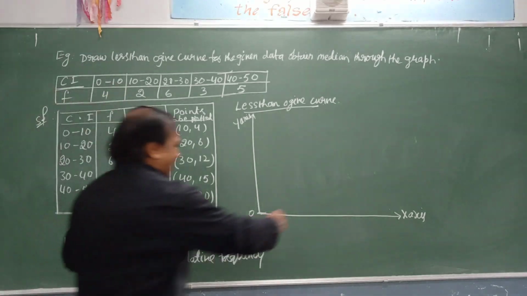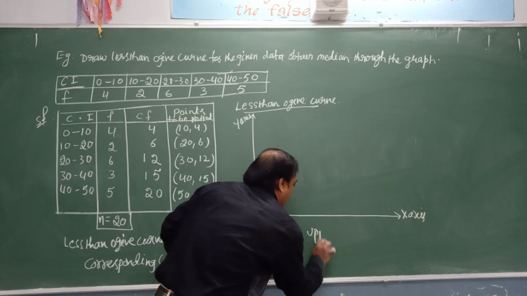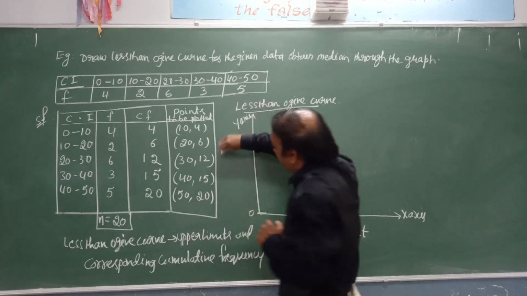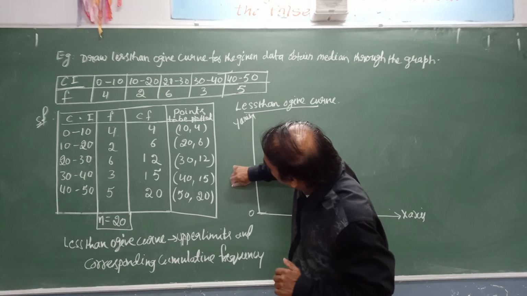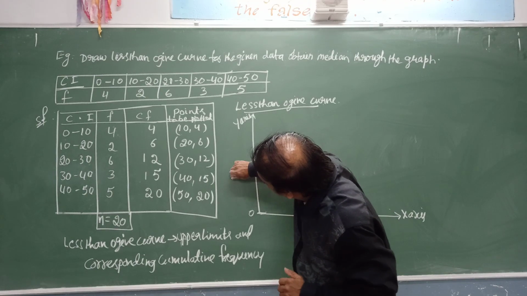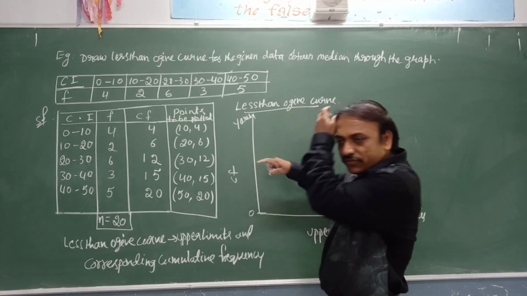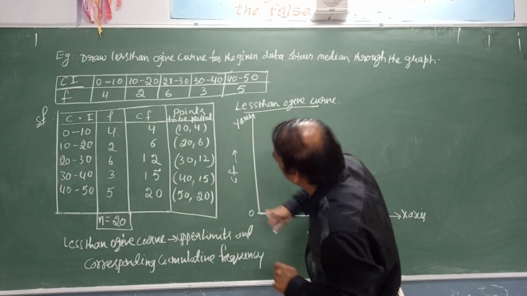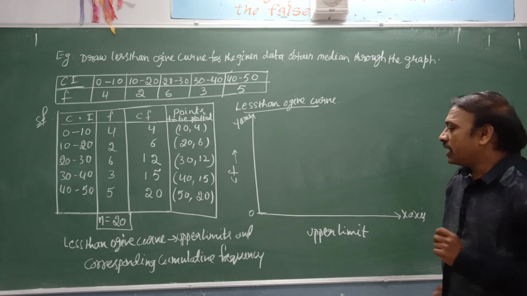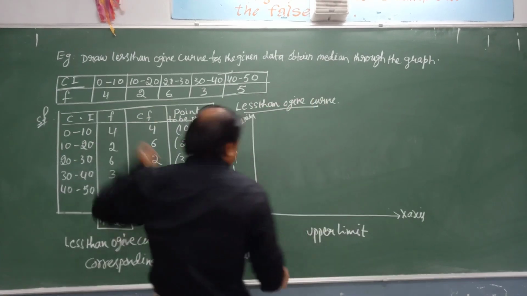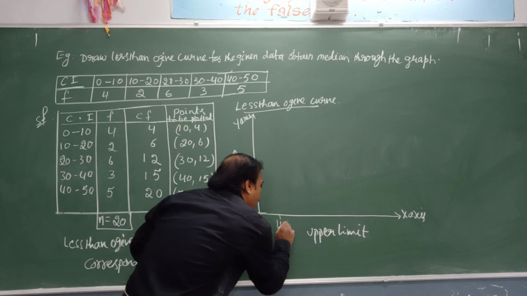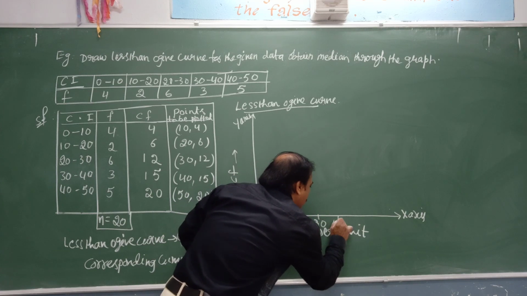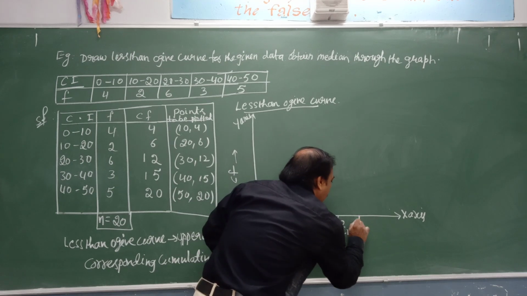So now on the x-axis we are taking upper limits, and here we are taking cumulative frequency, that is CF. What is CF? Cumulative frequencies. Observe it. Upper limits fixed on these are, after 0, 10, next 20, next 30, next 40, next 50.